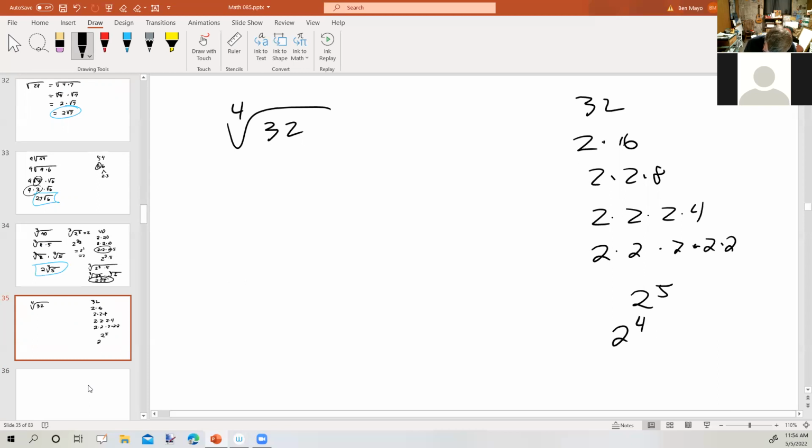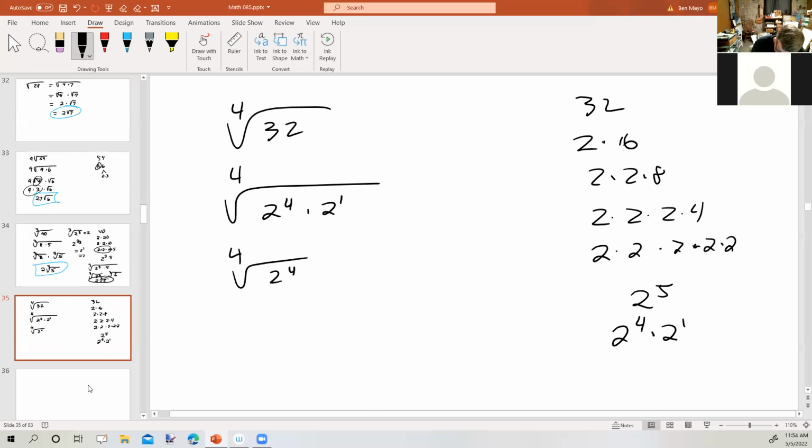Well, I could write that as 2 to the 4th times 2 to the 1 power. Which could then become the 4th root of 2 to the 4th times the 4th root of 2 to the 1 power. The 4th root of 2 to the 4th is 2, and then you've got the 4th root of 2 to the 1, and I don't really need to put the 1 exponent there.